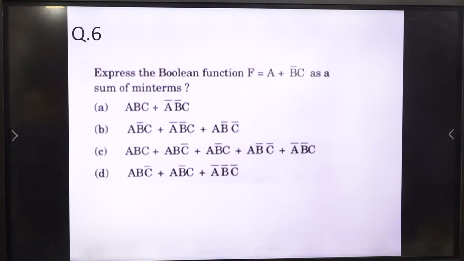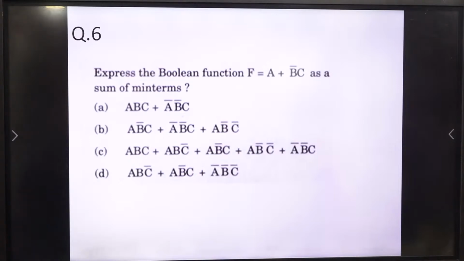Express the Boolean function f equal to a plus b bar c as a sum of minterms. इसको लिखना है आपको sum of minterms की फॉर्म में. So what is the right answer you are getting?